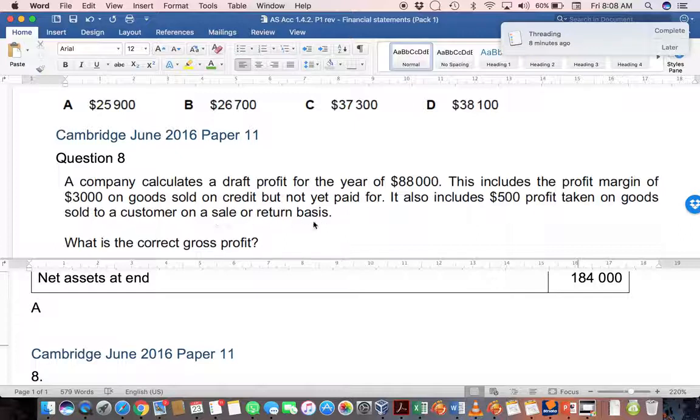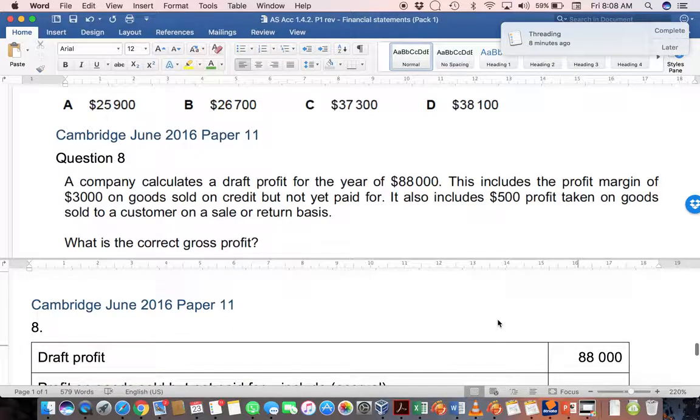Now remember, if it's a sale or return basis, basically it just means the customer is looking at these goods and deciding if they want them or not. The invoice has not actually necessarily been issued as yet, and the sale has not actually taken place. You can't be sure of the sale. So therefore, to calculate the correct gross profit, you would need to exclude that $500.